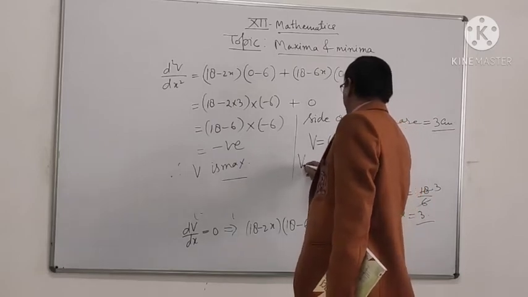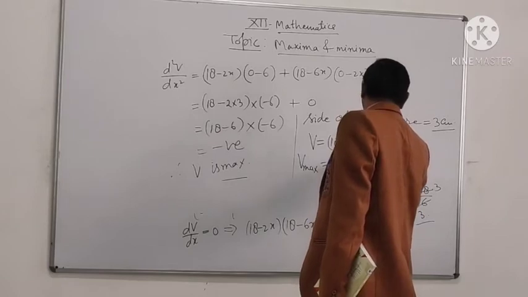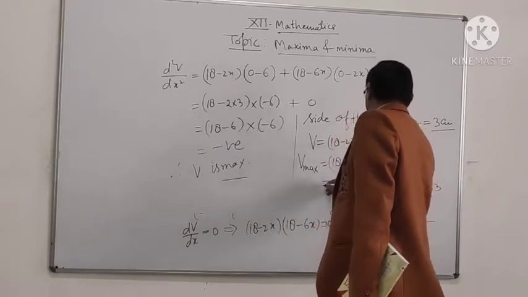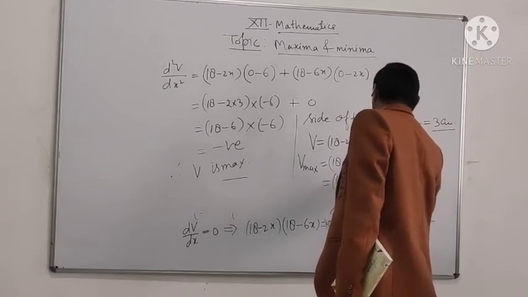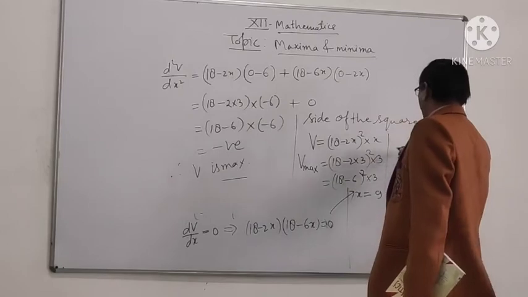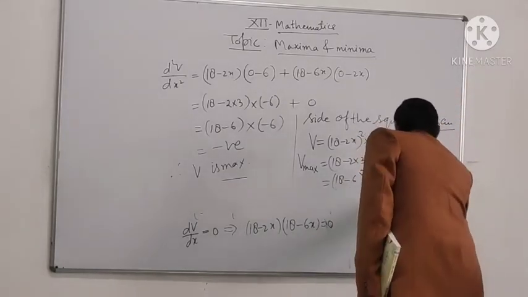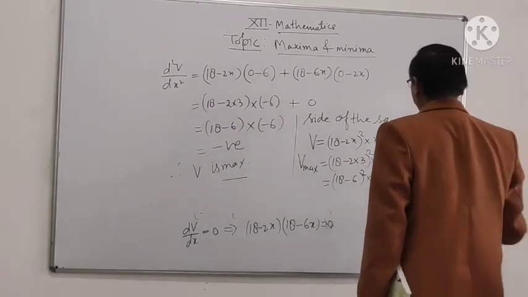So V maximum is 18 minus 2 into 3 whole square into 3, and it is 18 minus 6 whole square into 3. 18 minus 6 is 12.